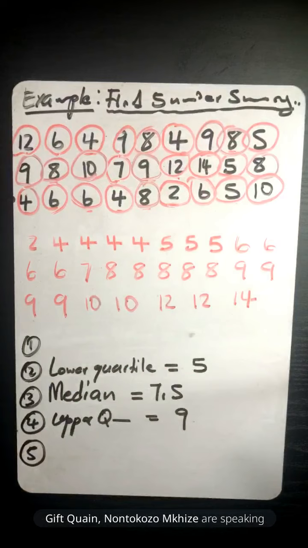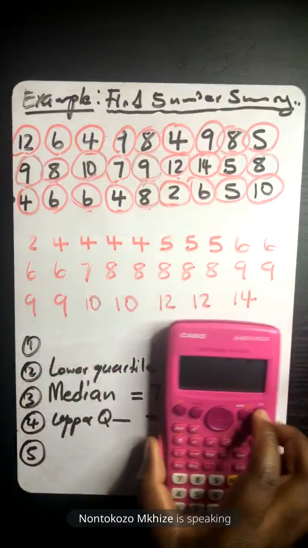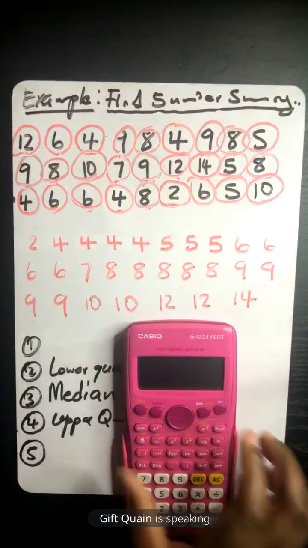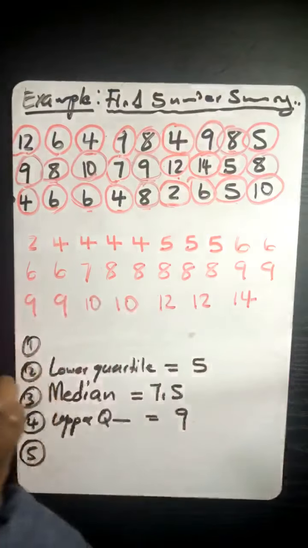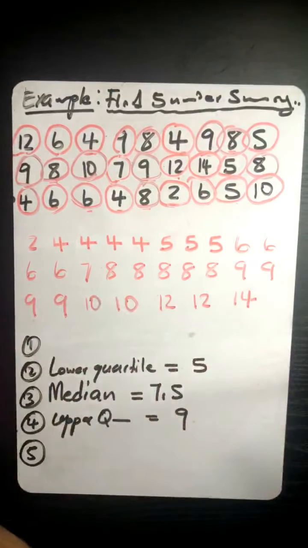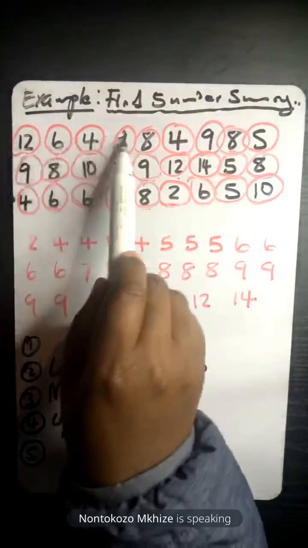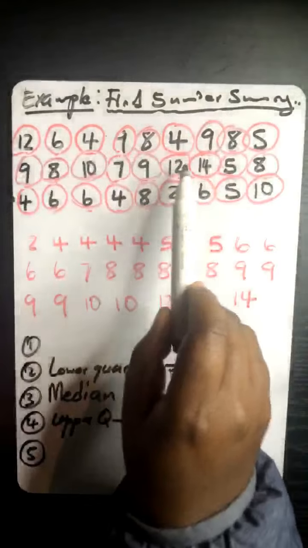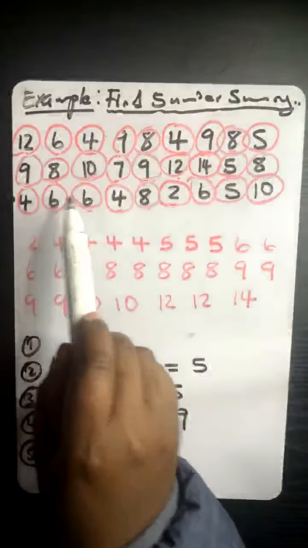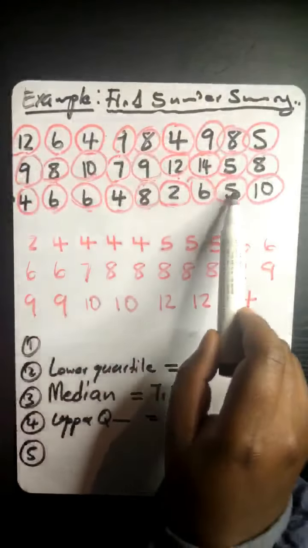Isn't it 26? Let's see. 1, 2, 3, 4, 5, 6, 7, 8, 9, 10, 11, 12, 13, 14, 15, 16, 17, 18, 19, 20, 21, 22, 23, 24, 25, 26.